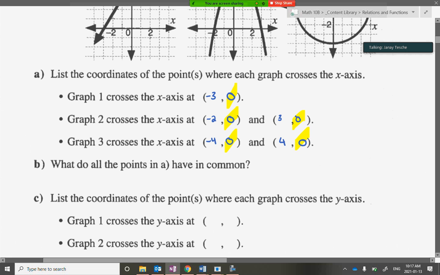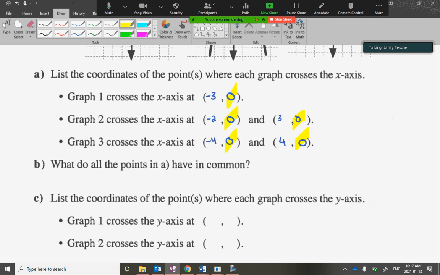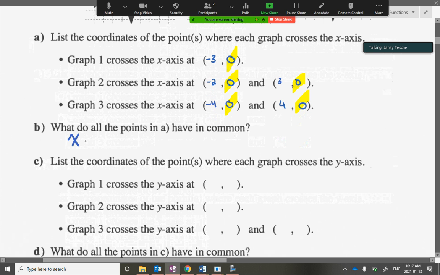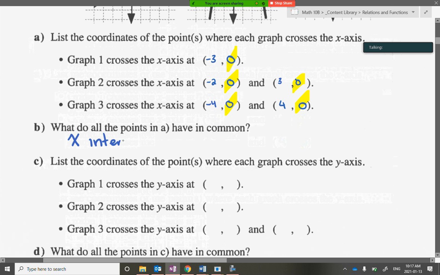So our rule then is, for our x-intercept, y is equal to 0. That's the only way it can cross our y-axis.